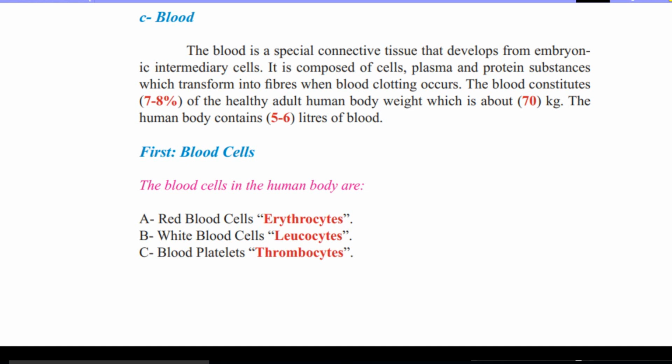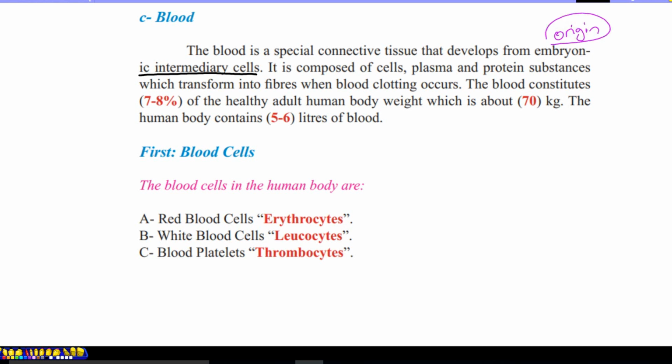Blood is a special connective tissue that develops from intermediary embryonic cells, which we are going to study in chapter 4. In vertebrates, the embryo is made up of 3 layers: ectoderm, endoderm, and mesoderm. Blood tissue develops from the middle layer as its origin.